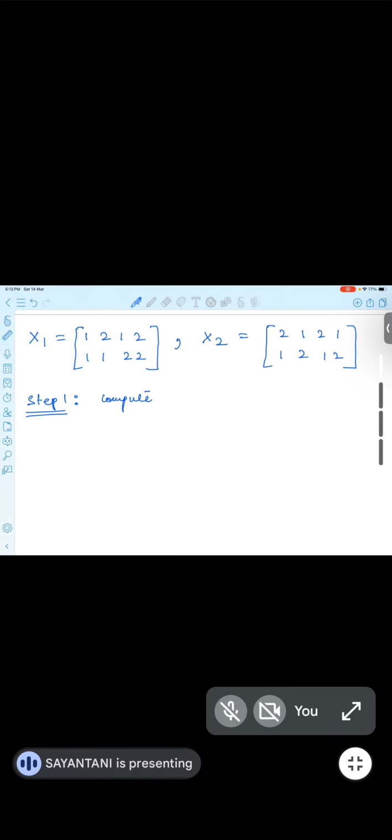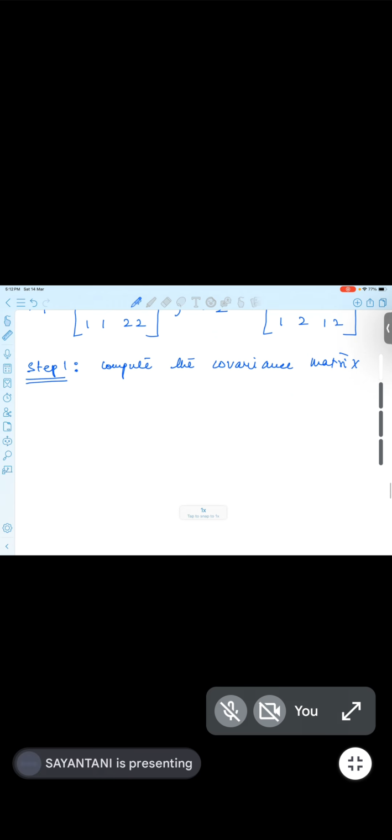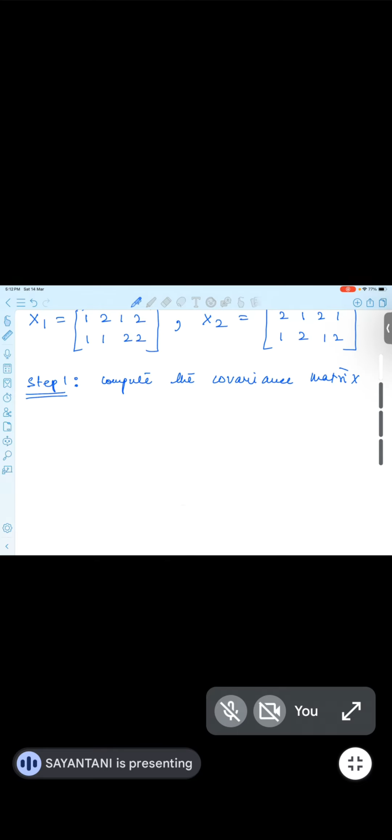I have to compute the covariance matrix for each of the data sets. As we had covered in the last class, the covariance matrix helps to understand the correlation component, right?